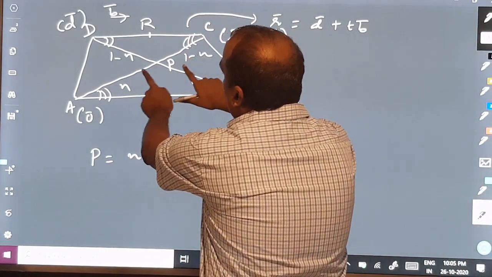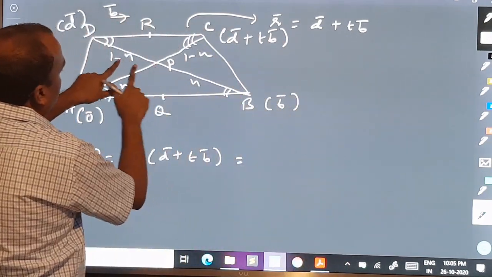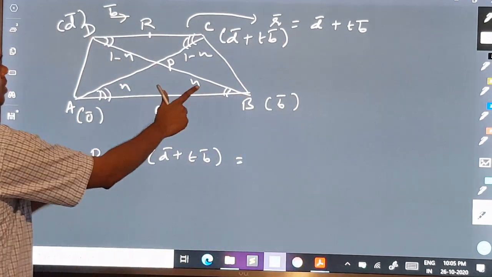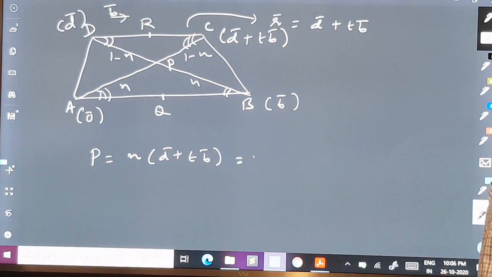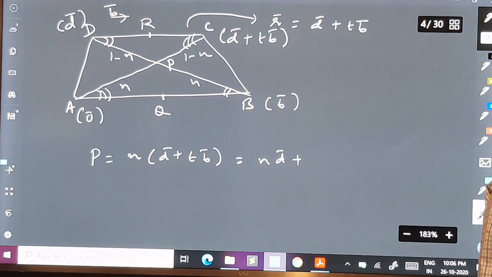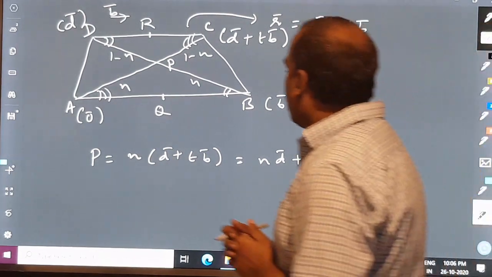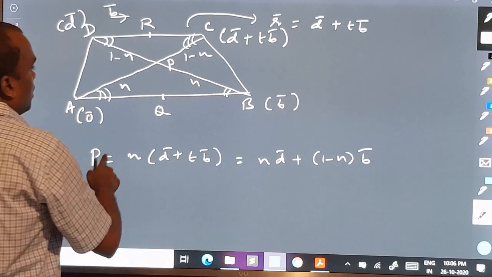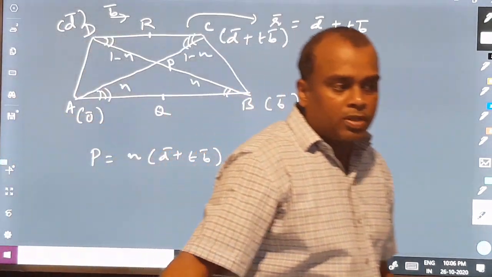The section formula I applied for these 2 points. Now I am writing P, applying section formula for these 2 points. So I will have P as n times D bar plus 1 minus n times B bar. And now I have to prove that this point P lies on the line RQ.